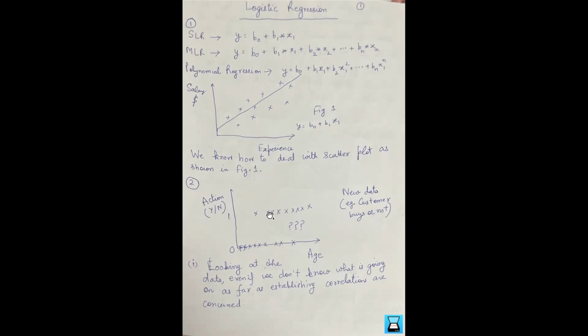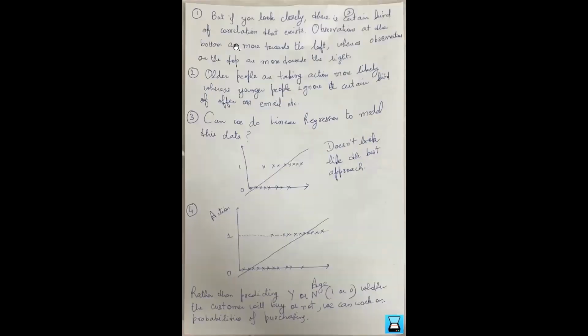And making a decision to buy the product is more or less on the right side of the graph. That observation we can make, but of course we cannot use linear regression. If you try to model this data with this regression line, it doesn't look like the best approach, which is quite obvious.